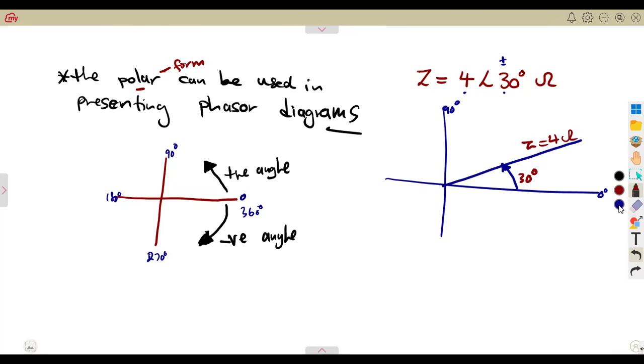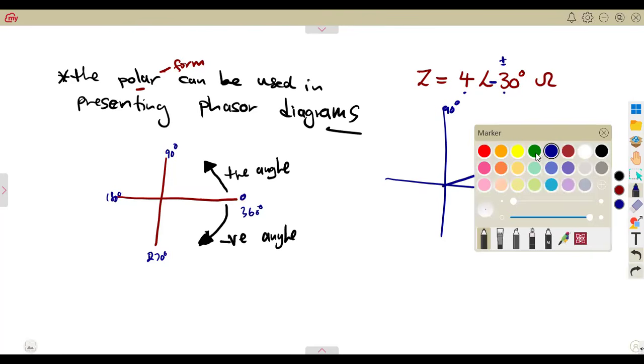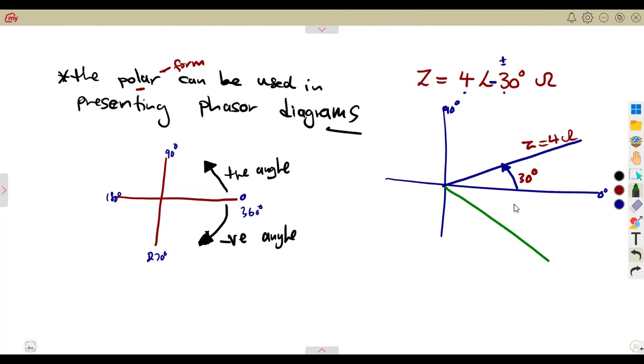If it was negative, if we are given minus 30 degrees, you're going to present it the other way, negative angles going this side. So our diagram would be on this side. On the diagram, there is no need for you to write that this angle is minus 30 degrees. No, you just write it as 30 degrees.